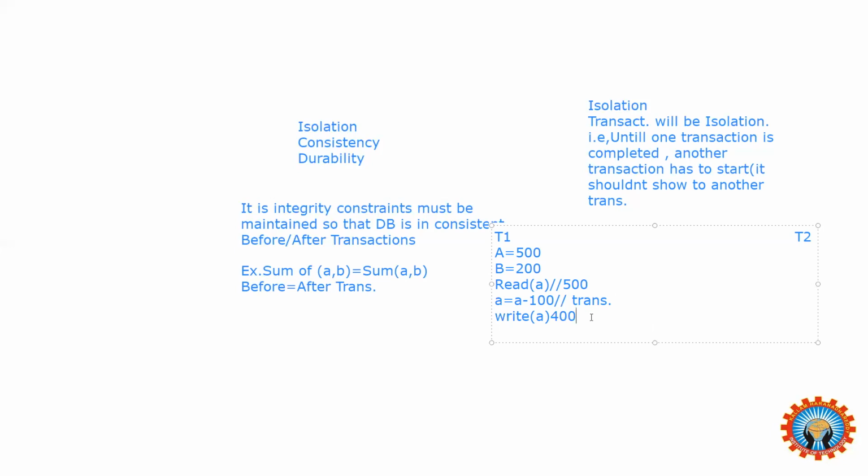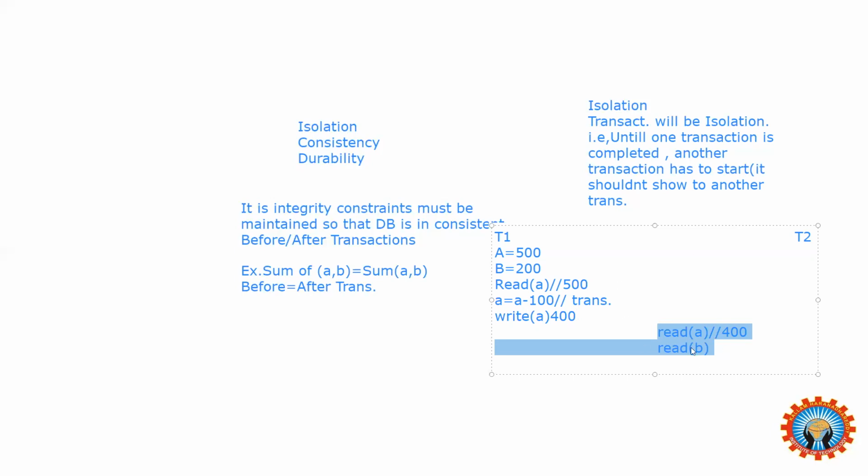Meanwhile, now you are taking another transaction, read of A. If you say read of A here, the total amount is 500. Now if you say read of B, you are doing two transactions here.